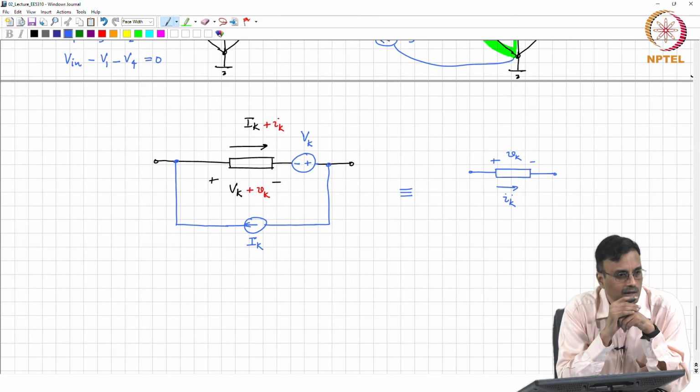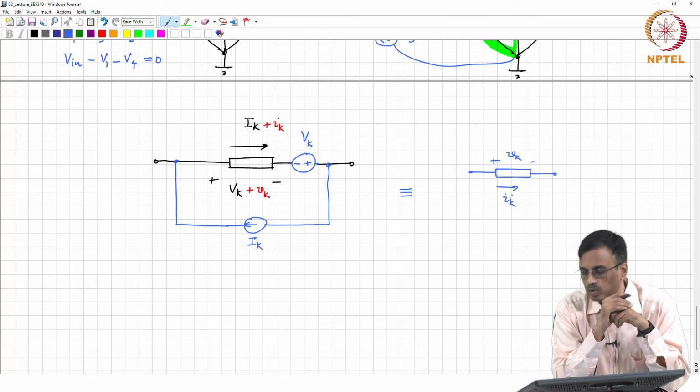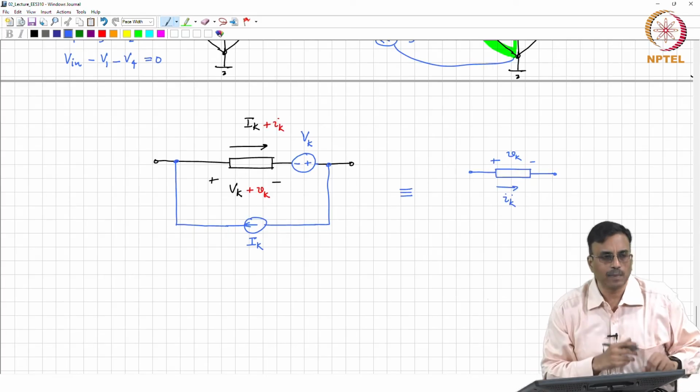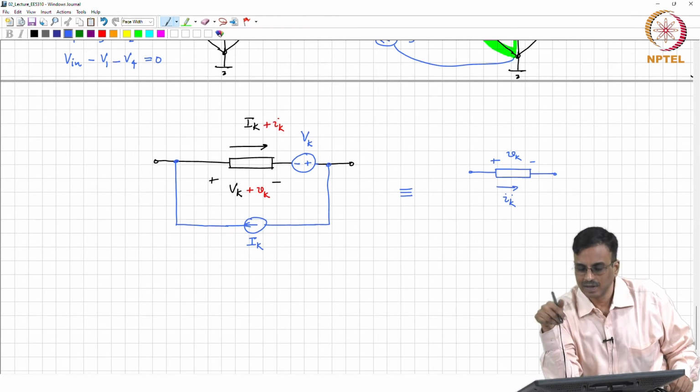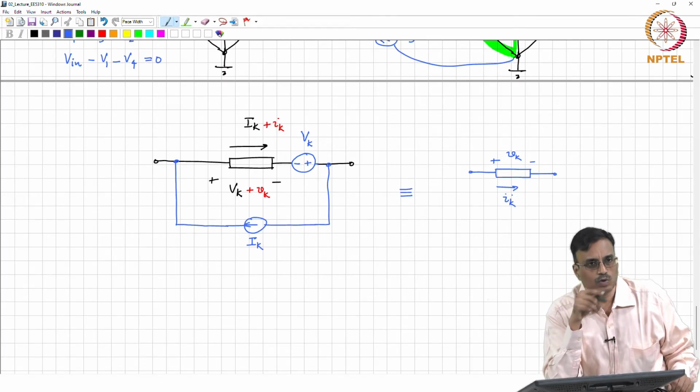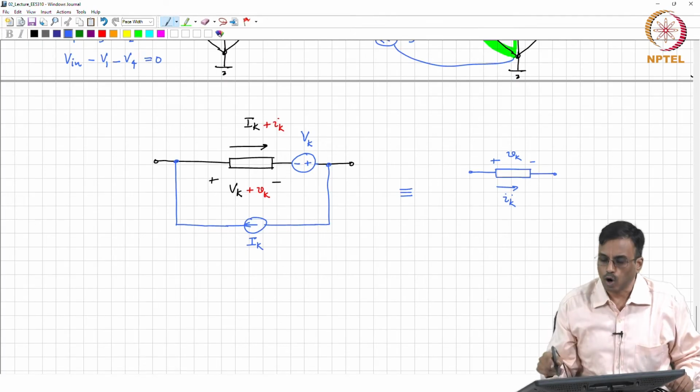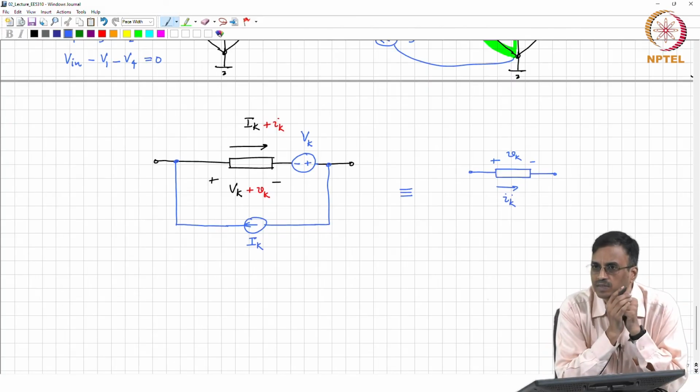So, this is valid for all values of excitation. Does it make sense? Okay. Now, when we make a small signal approximation, what are we going to do? If the excitation was a small signal one, what comment can we make now? Can we make a further simplification?